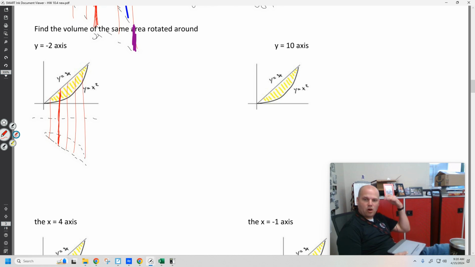I'll get the volume of everything. The red cylinders have a radius that I'm going to tick off right there. What is that radius? It is y equals top minus y equals middle. I have to adjust my radiuses because I'm spinning around this y equals negative 2 axis. Don't forget to square dx. We're summing up from 0 to 3.